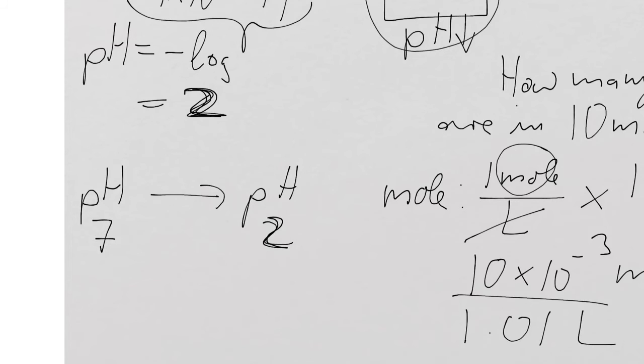This is a change of 5 pH units, or in our proton concentration, a shift of factor of 100,000, 10 to the power of 5. Okay, so that was the first thing that we calculated.